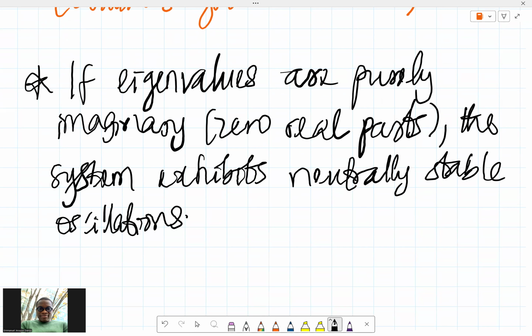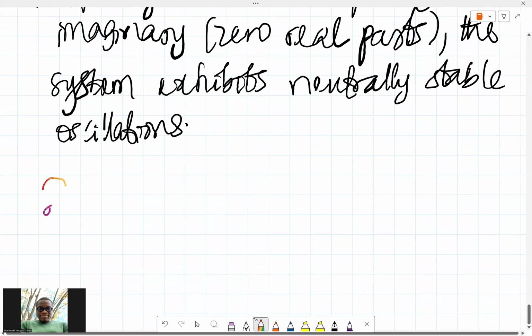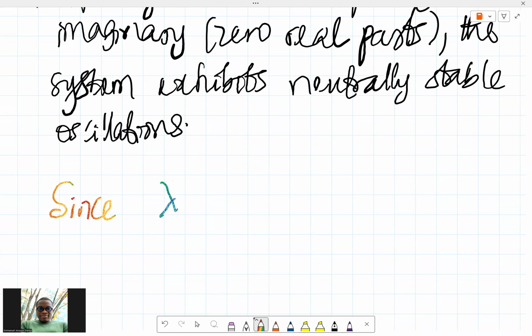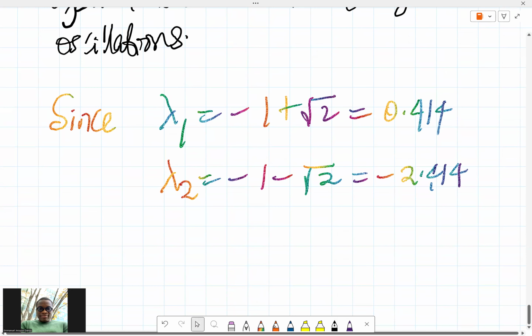All right. So if we follow this now, lambda 1 is equal to minus 1 plus root 2, lambda 2 is minus 1 minus root 2. Of course, we already found this to be 0.414, and we found this to be minus 2.414. So you can see this is positive and this is negative.